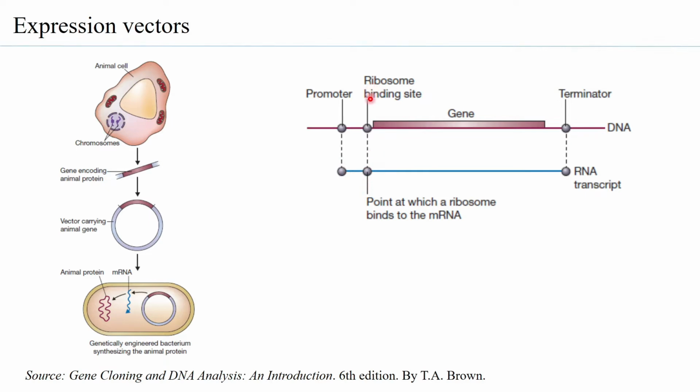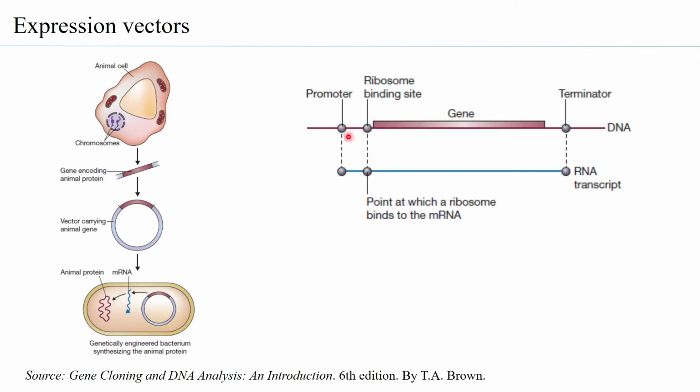So you have what is called a ribosome binding site that when in a transcript would be recognized by the ribosome, and the ribosome will assemble at this point and start translating the transcript. So essentially what is required is that this gene of interest should be transcribed into a transcript, and that transcript then should be translated by the ribosome machinery.